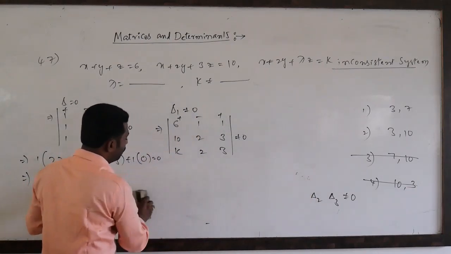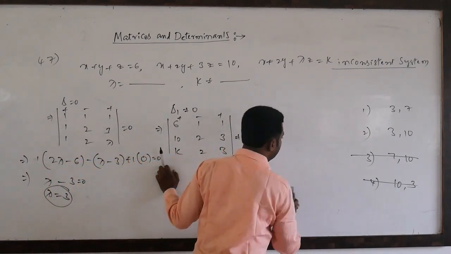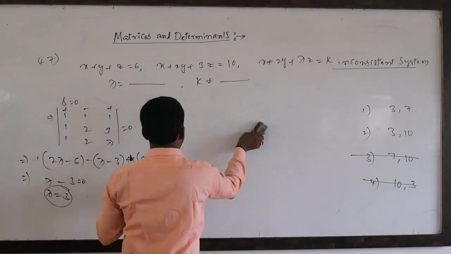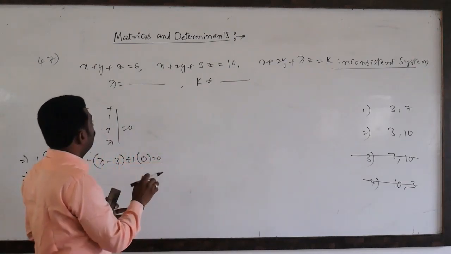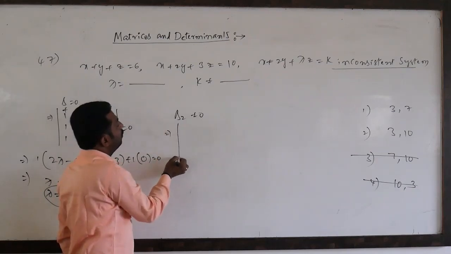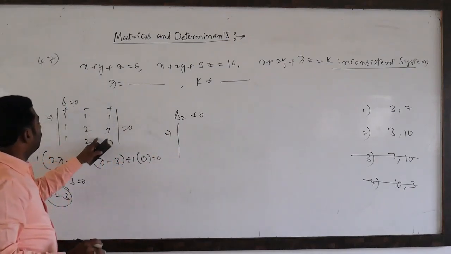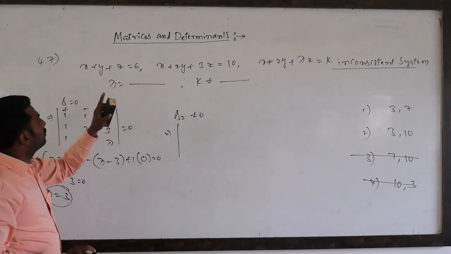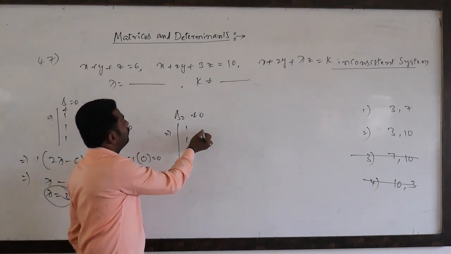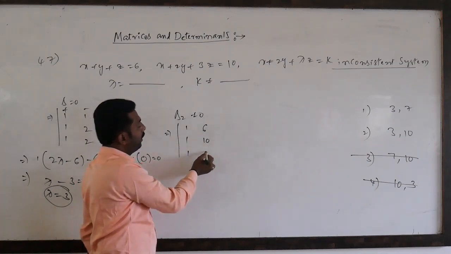Then delta 2 not equal to 0, we'll see. For delta 2, all the second column elements in delta are replaced by constants. No changes in the first column, 1, 1, 1, and 6, 10, k.